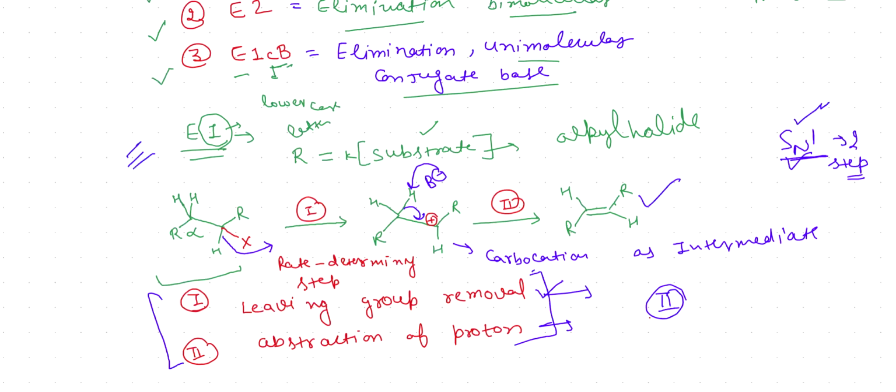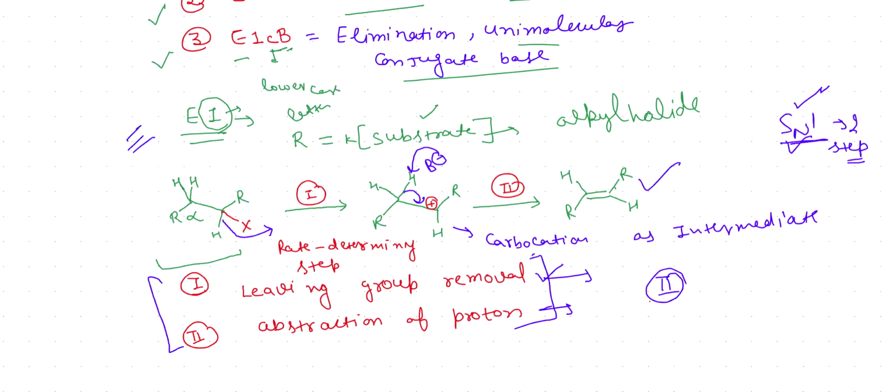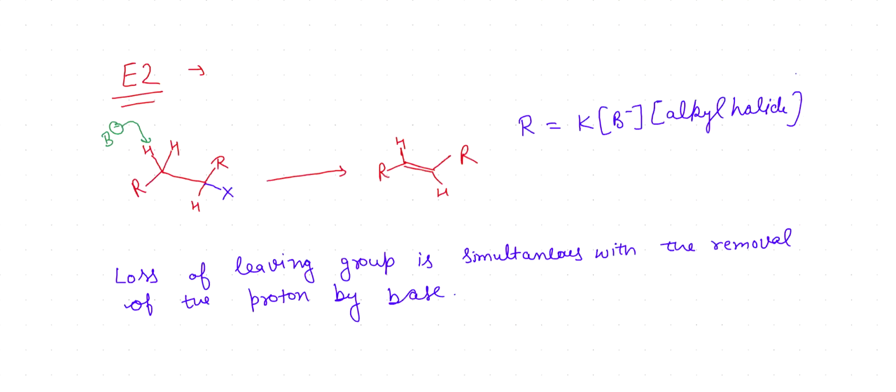So the next is the E2 mechanism. E2, elimination bimolecular. In this, the rate of reaction depends on both the base as well as the alkyl halide. Then what is happening in E2?